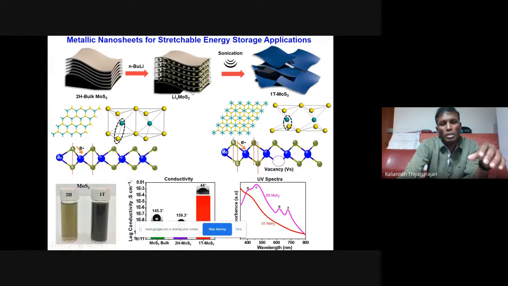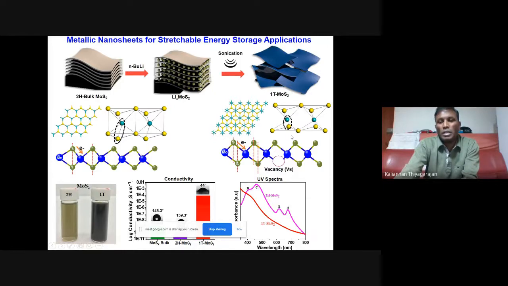When you put in lithium, the lithium gives its electron and tends to rotate the sulfur in the clockwise direction by 60 degrees, which makes the sulfur move 60 degrees away, and that makes the material change phase. Due to this sulfur position change, the material becomes metallic in nature.